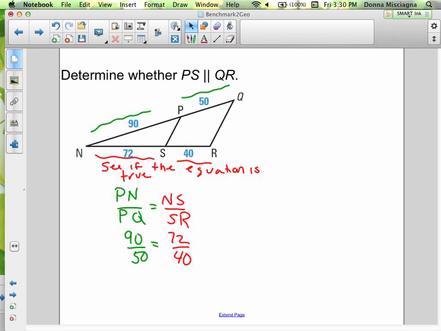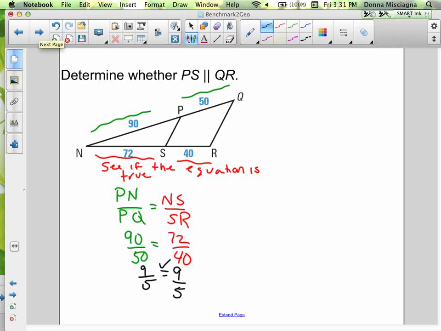I can cross out the zeros, so that's 9/5 equals 72 and 40, which are both divisible by 8. 72 divided by 8 is 9. 40 divided by 8 is 5. That checks out. So because 9/5 does equal 9/5, we know the sides are parallel.